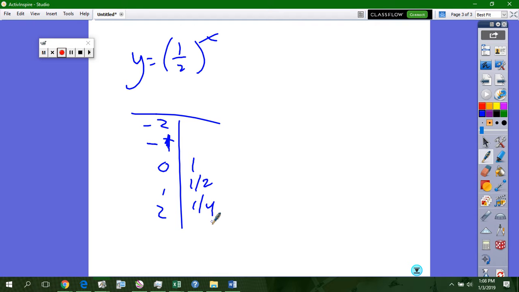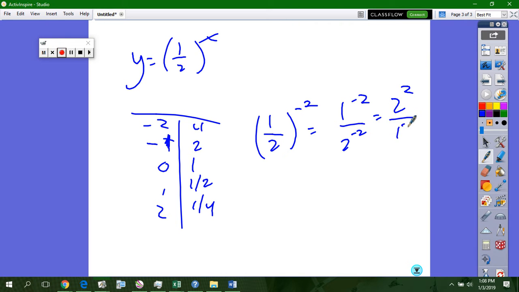So that's our base. But as I go backwards, it's faster. Timesing by 2, so this will be 2 and 4. Which makes sense because I have 1 over 2 to the negative 2. I have 2 ways to do it in there, to give you an idea of the math that I did.